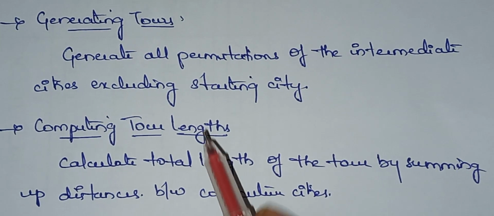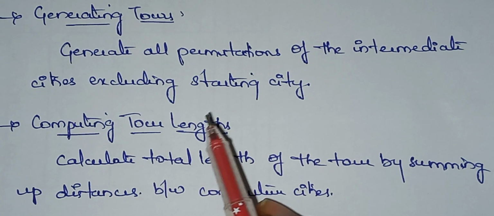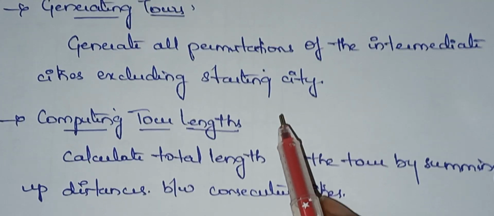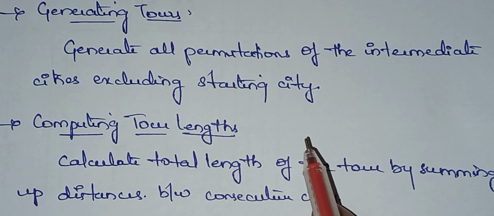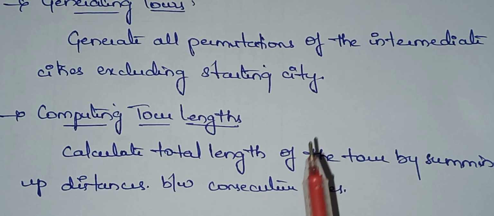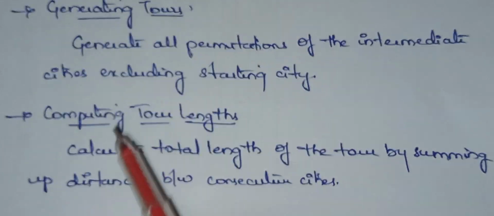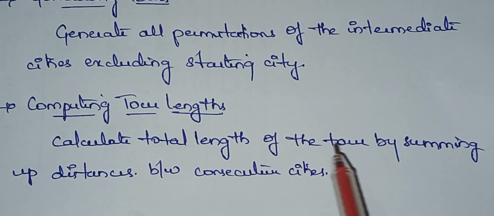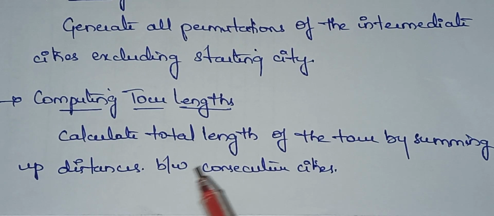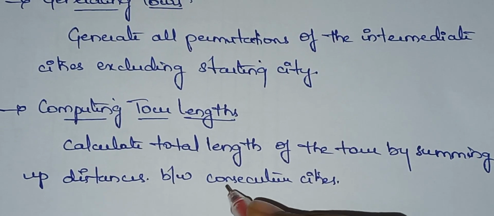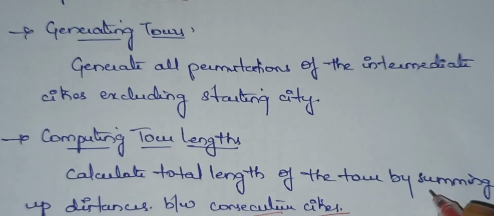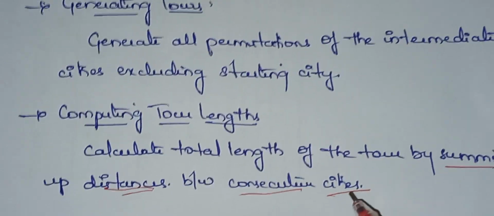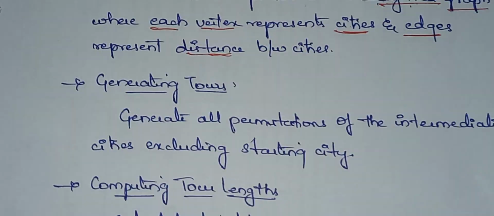Suppose you have started at a particular city A and traveled to B, then you calculate the distance between A and B. Then you travel to city C, and you calculate the distance from B to C. That is the third step, computing tour length: calculating the total length of the tour by summing up the distances between consecutive cities. So these are the first three steps.